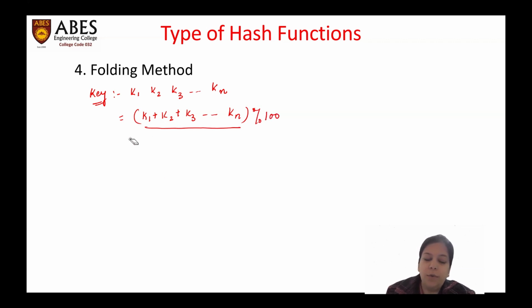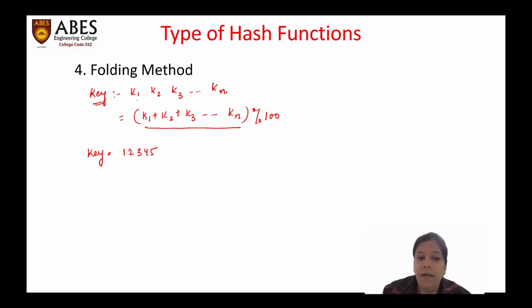Suppose we have a key, we can take any number. Suppose we have 1, 2, 3, 4, and 5. Suppose this is the key 12,345. And now we want to find out the index at which this key must be stored in the hash table using the folding method. So suppose I'm taking the number of digits for folding as 2.